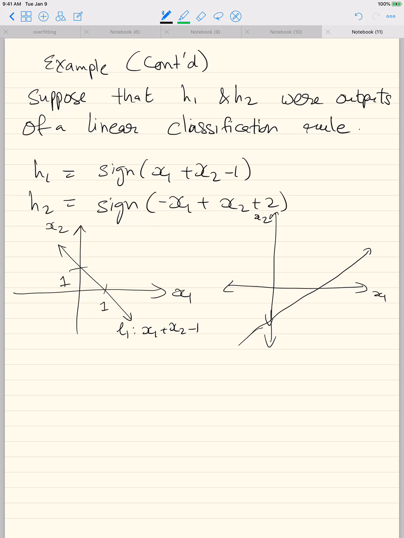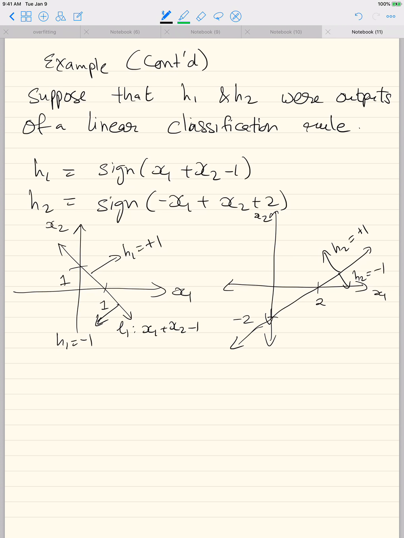The intercepts are at 2 and negative 2. For the first line, this is the region where h1 is plus 1, and this is the region where h1 is minus 1. For the other line, this is the region where h2 is plus 1, and this is the region where h2 is minus 1.